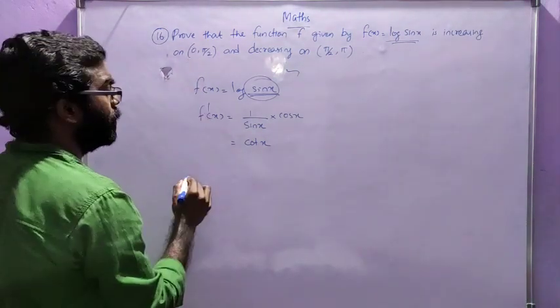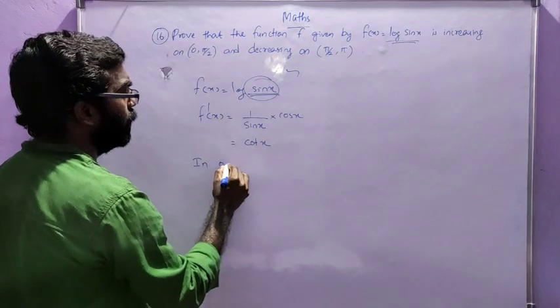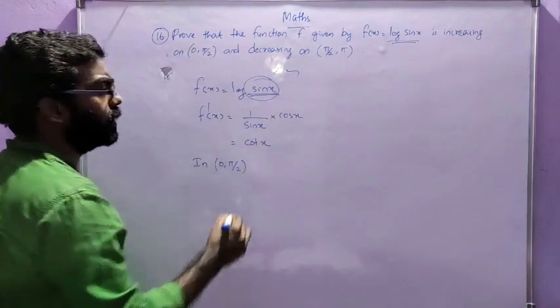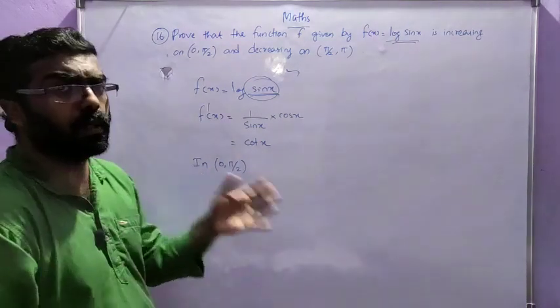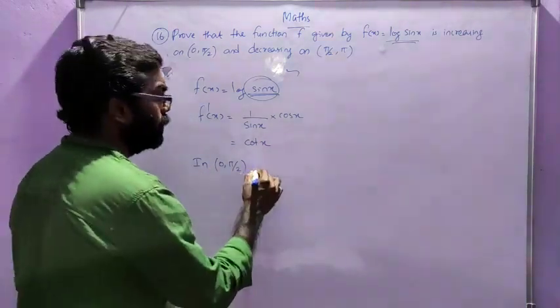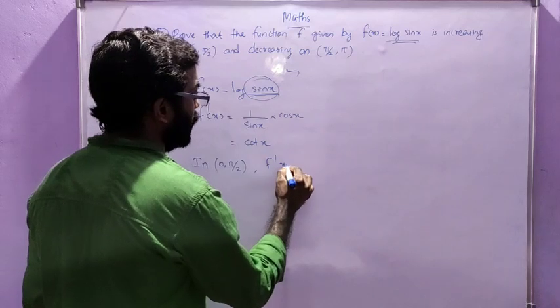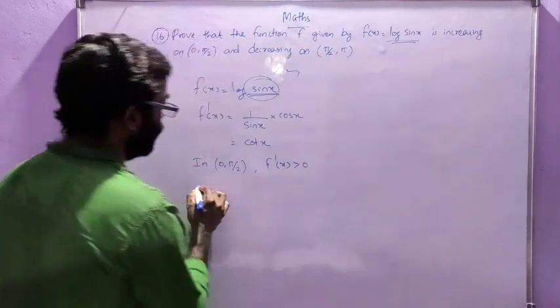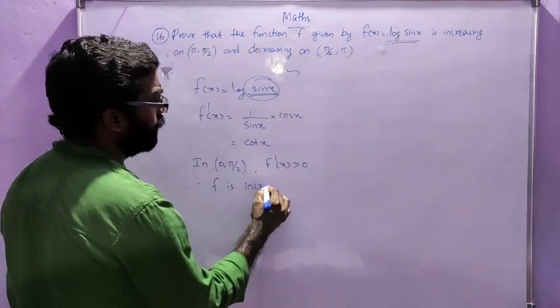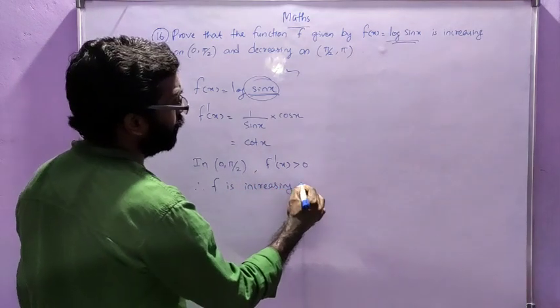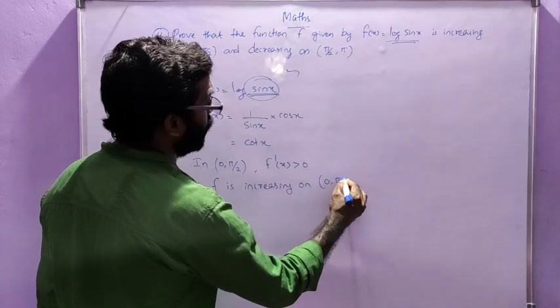First interval is (0, pi by 2). So in (0, pi by 2), that means in the first quadrant, all trigonometric functions are positive. So cot x is also positive. So f dash of x is greater than 0. Therefore f is increasing on the open interval (0, pi by 2).